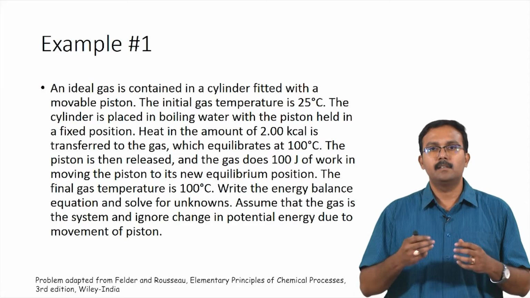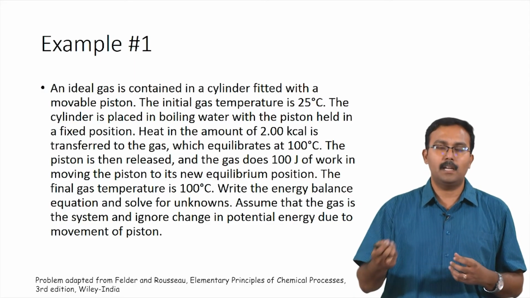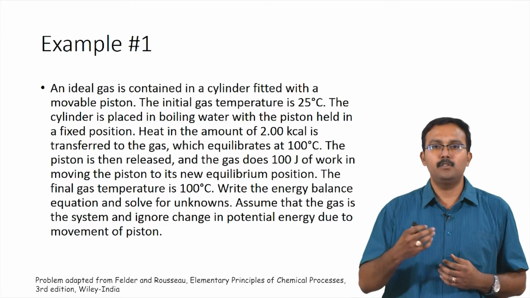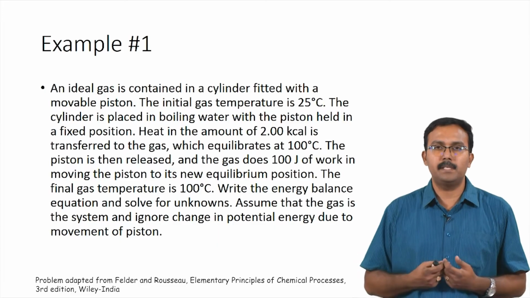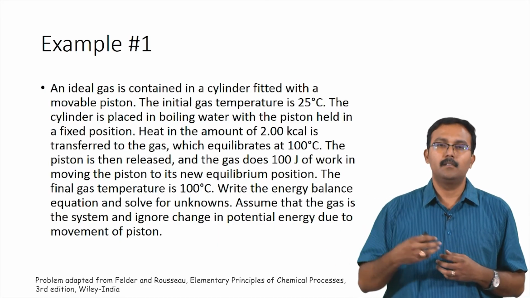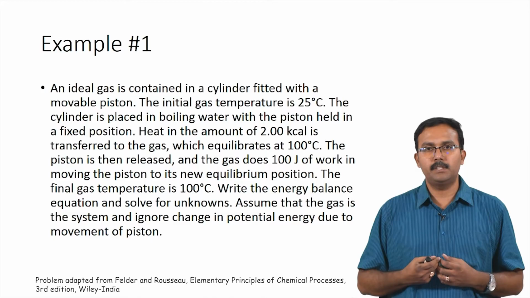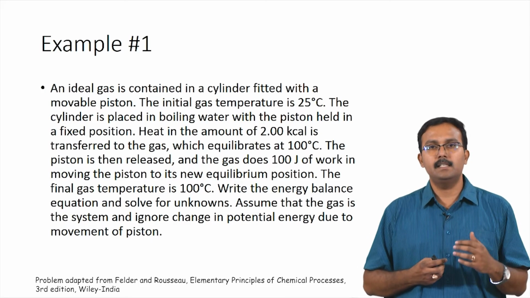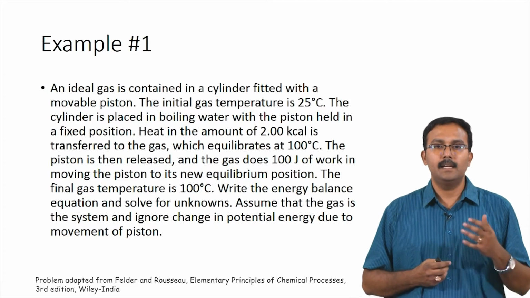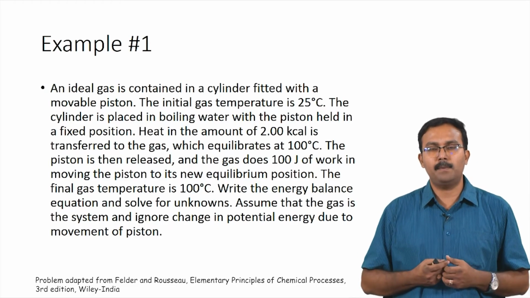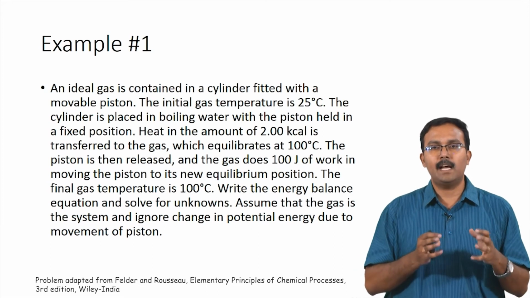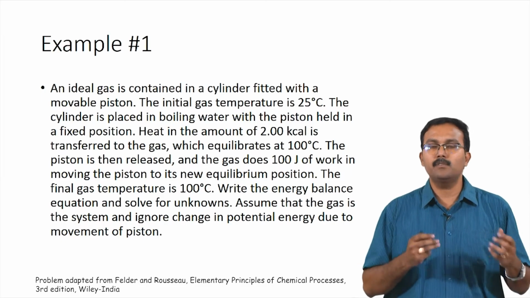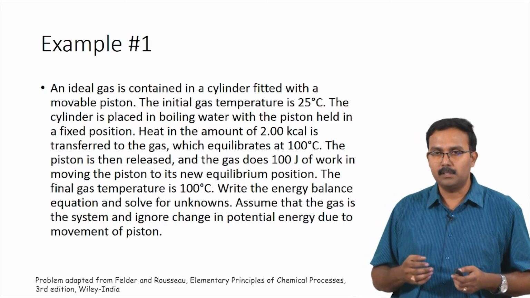After this process, the piston is allowed to move, which means the gas expands and 100 joules of work is done on the moving piston, and this results in a final equilibrium position where the piston rests. At this condition the temperature is again 100 degrees Celsius, indicating that this is an isothermal expansion process. We are asked to calculate the unknowns in the energy balance equations for both these processes. Let us try and do this for this problem.